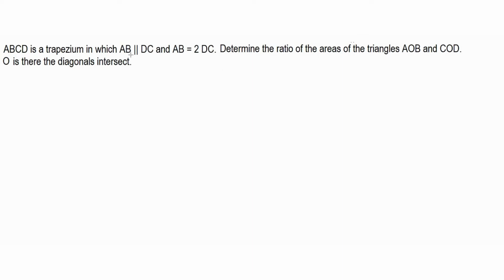ABCD is a trapezium in which AB is parallel to DC and AB is 2 times DC. So let us quickly draw a trapezium. And O is where the diagonals intersect.